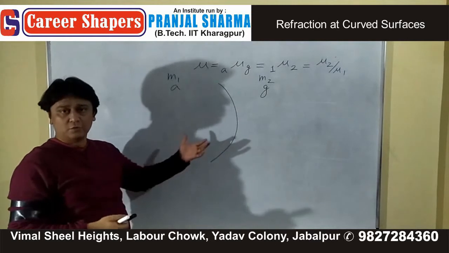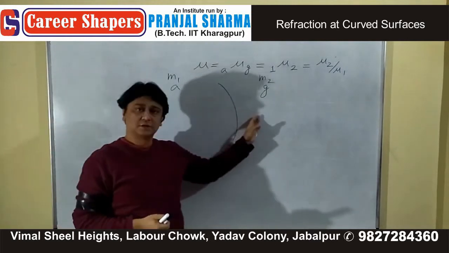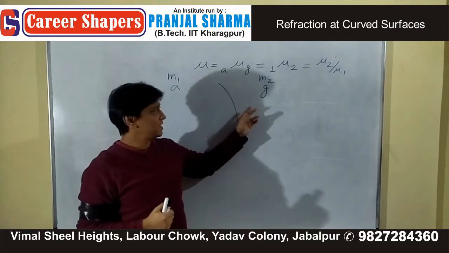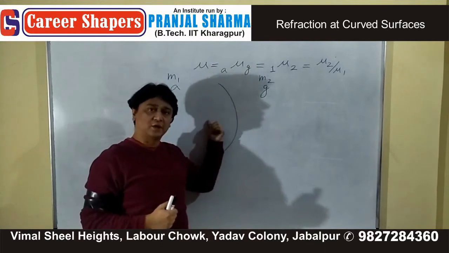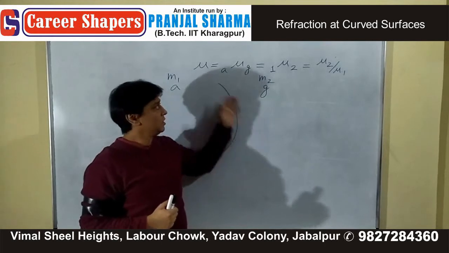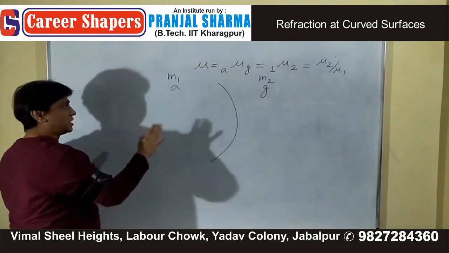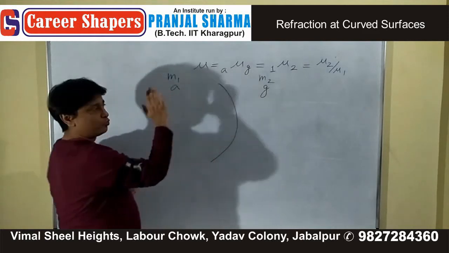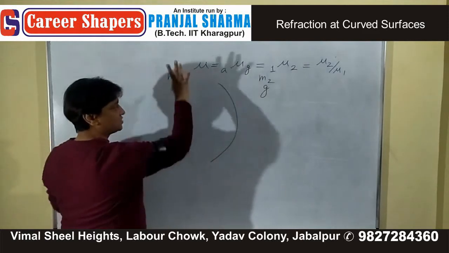So if they give you water and glass, then we will be discussing the refractive index of glass with respect to water. That's all. But in this article, we'll take the refractive index of this medium with respect to this medium as mu.